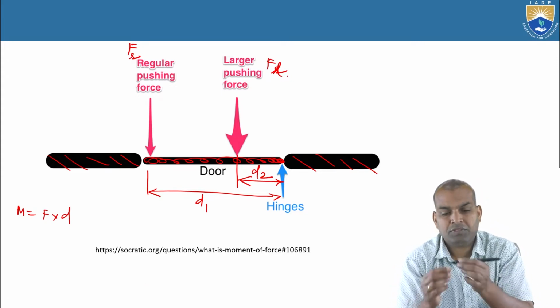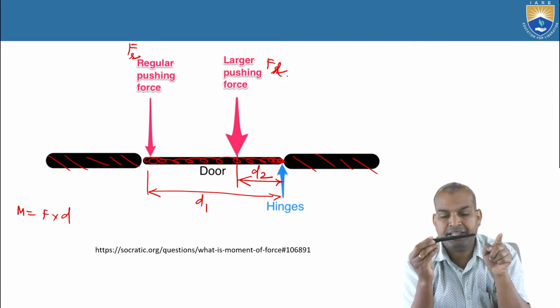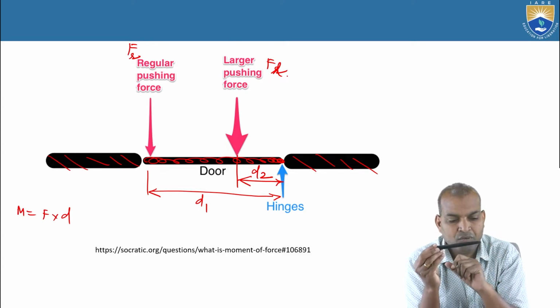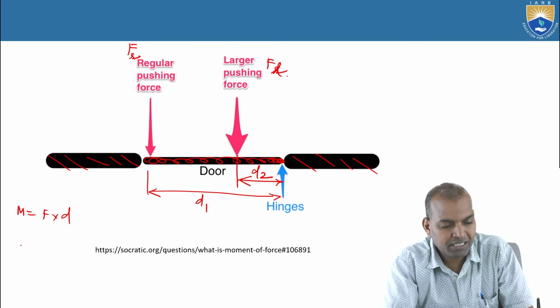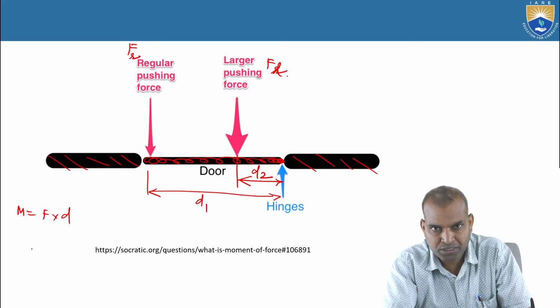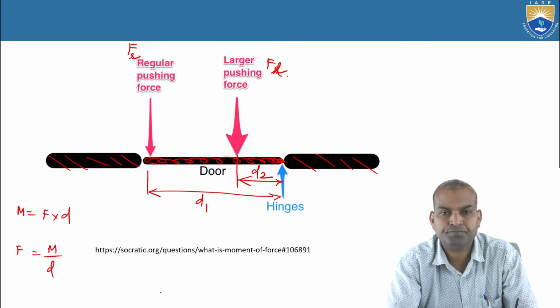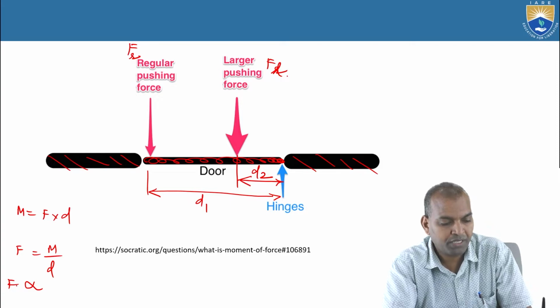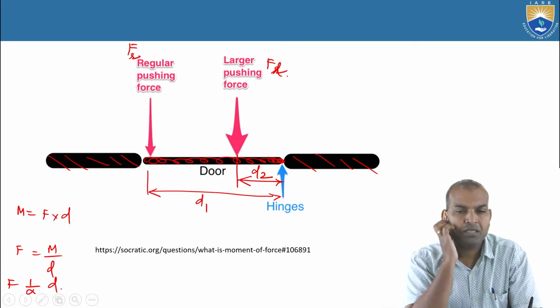Now, the distance D1 is more. What will happen? Relating to the force applied, F equals M by D. This F is inversely proportional to D. Alright?